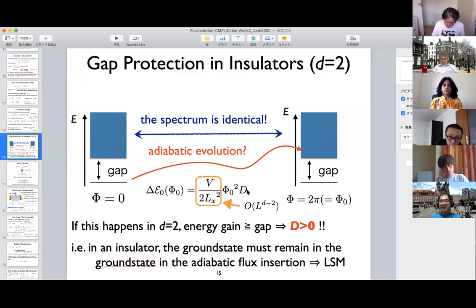So the ground state must remain in the ground state. So in that case, the non-trivial assumption I made for the Lieb-Schultz-Mattis theorem or fractionalization and so on is really satisfied. So I can replace that assumption of no gap closing by flux with the physical assumption that the system is an insulator in the sense that Drude weight is 0.